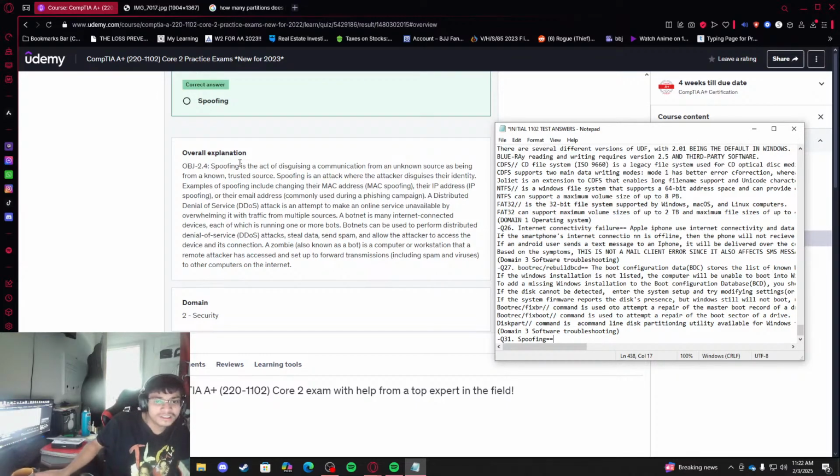A botnet is many internet-connected devices, each of which is running one or more bots. Botnets can be used to perform distributed denial of service, DDoS attacks, steal data, send spam, and allow the attacker to access the device and its connections.